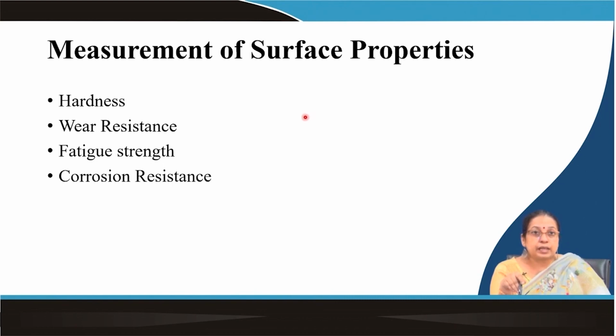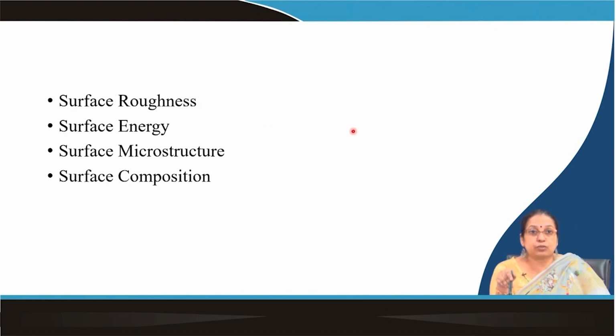In the next class we will discuss mechanical properties like hardness, wear resistance, fatigue strength and how they are determined, and subsequently the different types of corrosion resistance and the testing techniques applied. Finally, we will discuss some important tools for characterization of surface roughness, to measure the surface energy, and to know the surface microstructure and surface composition.